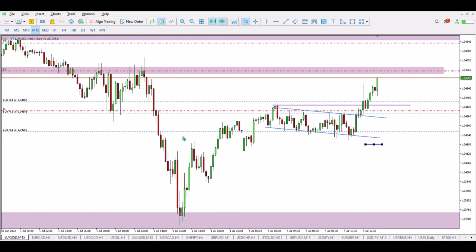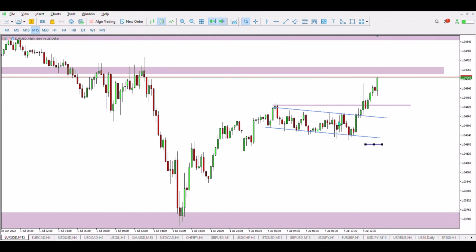Hello again guys, just a little quick update on the 15-minute chart on Euro USD. As you can see, the price is heading towards our first take profit targets. What actually happened was this first push to the upside, then a little bit of correction. I could enter a third trade with a very tiny stop loss.